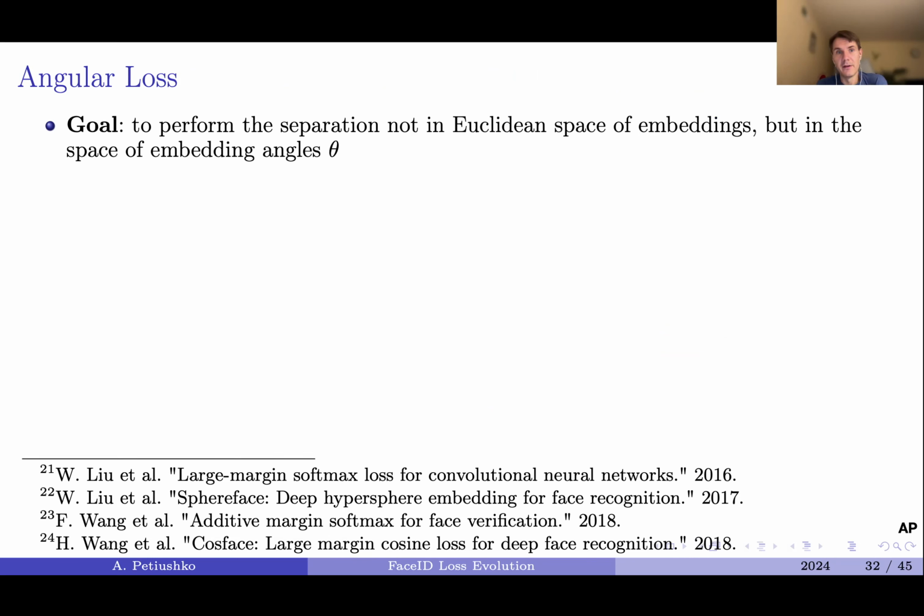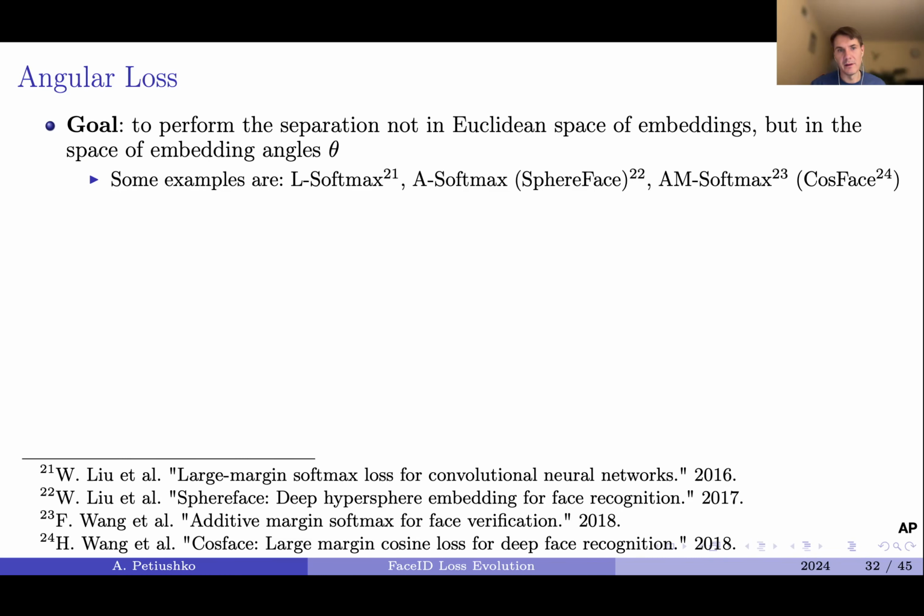Okay, and the third and one of the most important approaches here is called angular loss. Here the goal is to perform the separation not in Euclidean space of embeddings, but in the space of embedding angles theta. And some well-known examples here are L softmax. Please do not mix with L2 softmax.